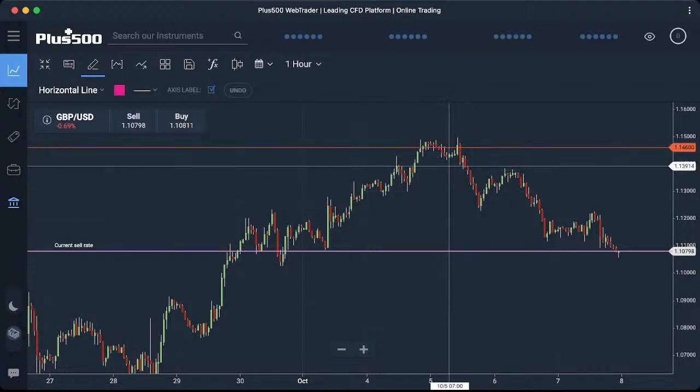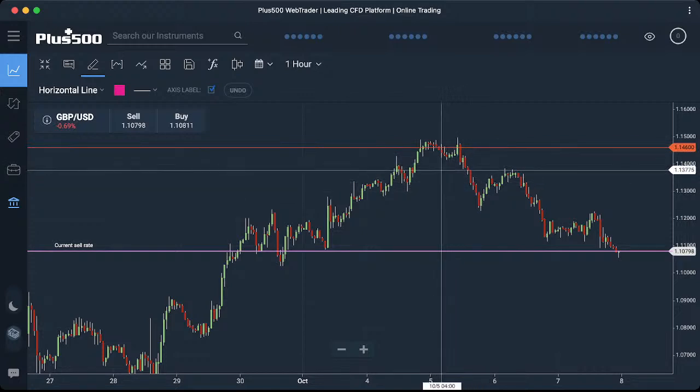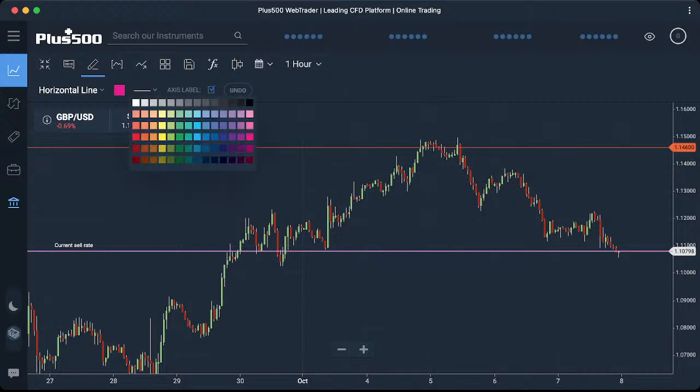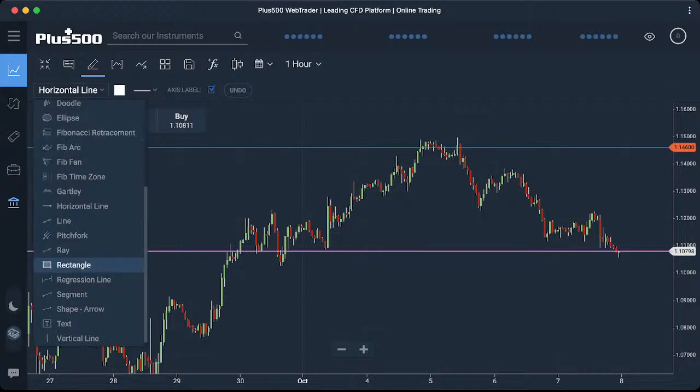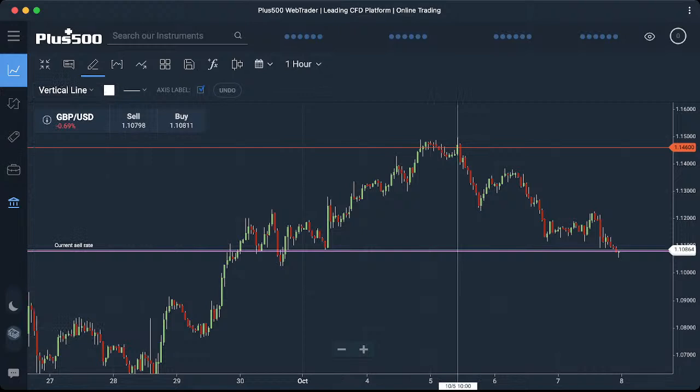And you can see this was the 5th of October, which was Monday. So let me just put a vertical line here to separate the daily price action.